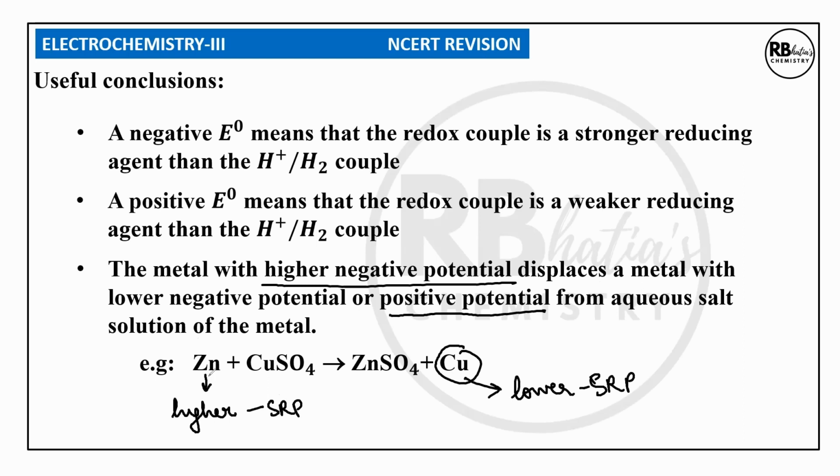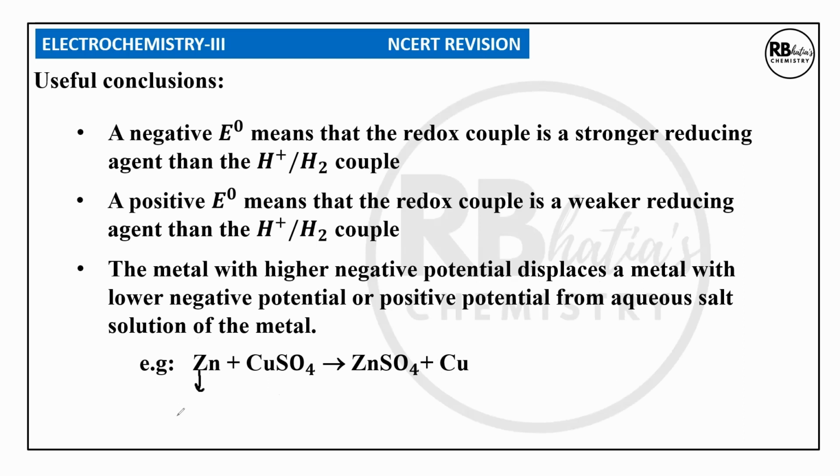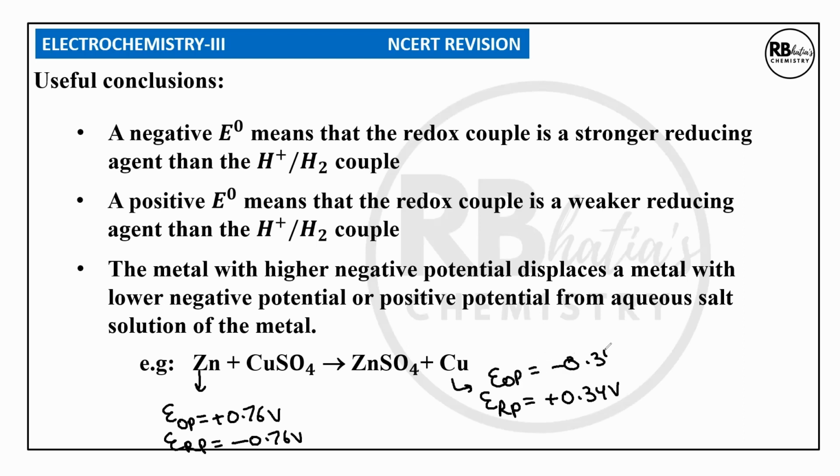So if I just compare zinc metal with copper metal, zinc has an oxidation potential of plus 0.76 volt and copper has a reduction potential of plus 0.34 volt, or I can say the reduction potential of zinc is minus 0.76 and the reduction potential of copper is plus 0.34 volt.